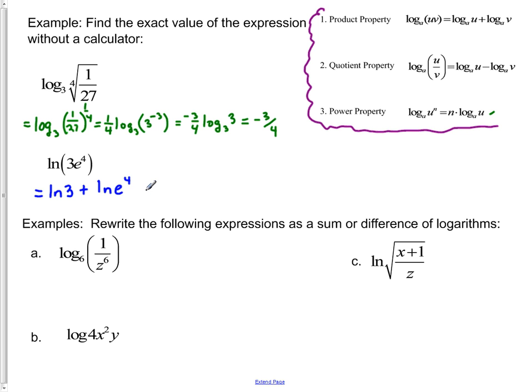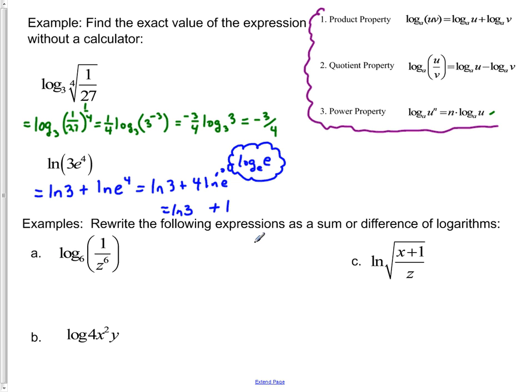Well, natural log of e to the 4th is the same thing as taking the natural log of 3, that's our first term, plus 4 times the natural log of e. And we know that the natural log of e is like saying the logarithm base e of e. So if we think about it that way, our resulting expression will be the natural log of 3 plus 4.